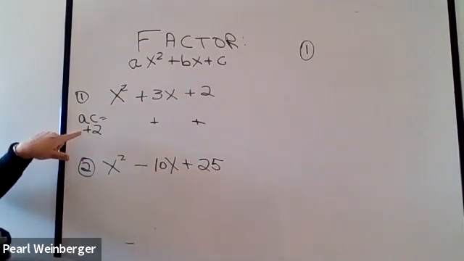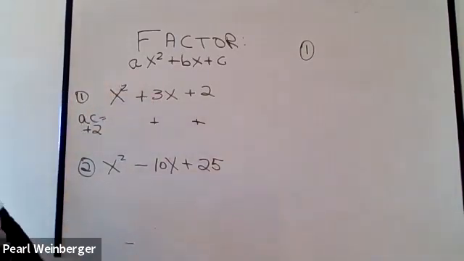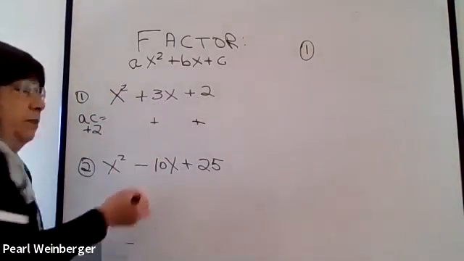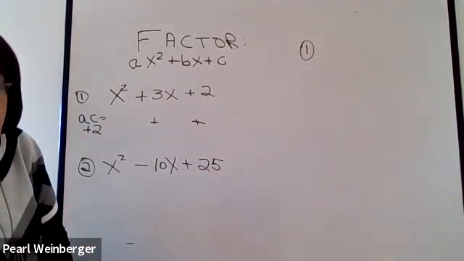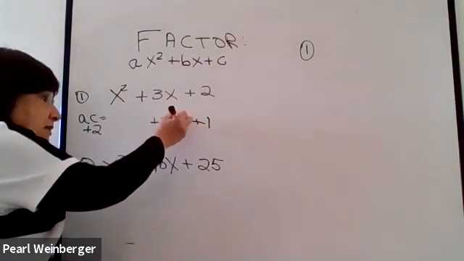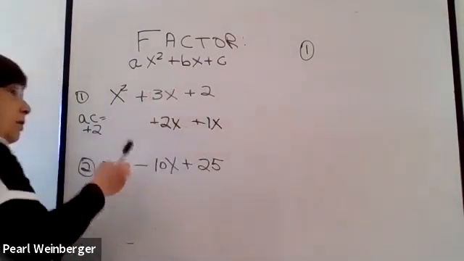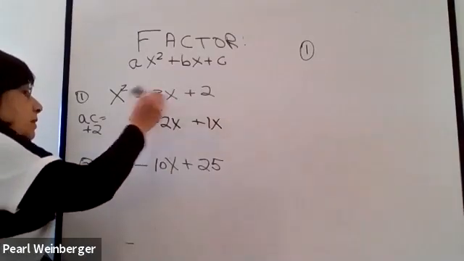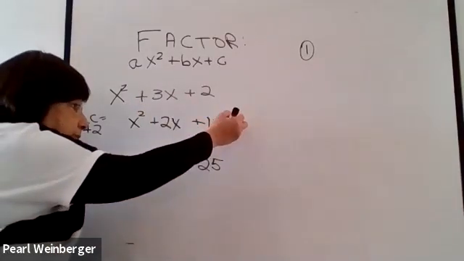And since it's positive, it has to add to the 3, which is 2 and 1. Does it make a difference where I put the 2 and where I put the 1? No. So let's put the 2 here and the 1 here. But of course, you have to put an x next to each of them. What do I do with this? I just bring down the x squared and the positive 2.